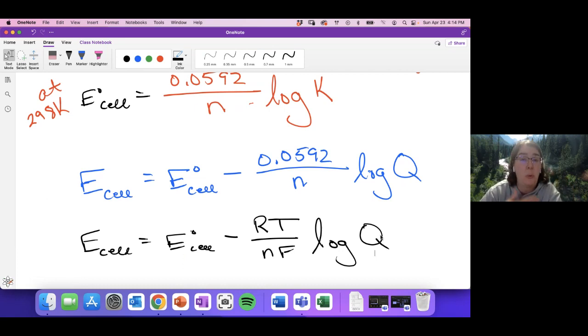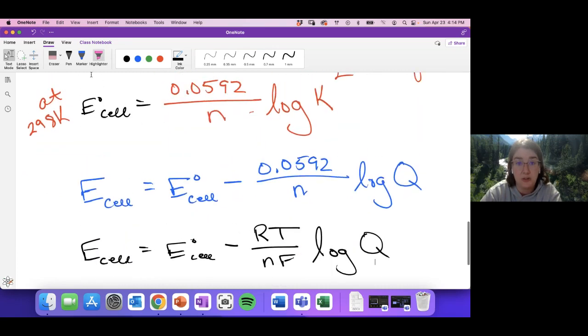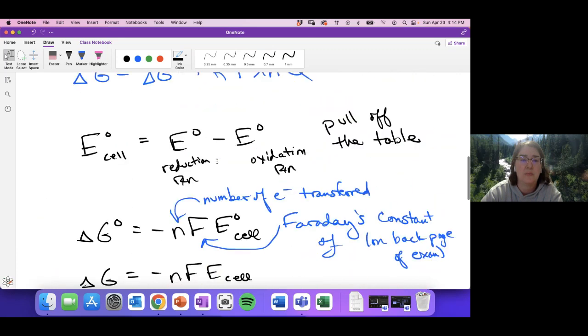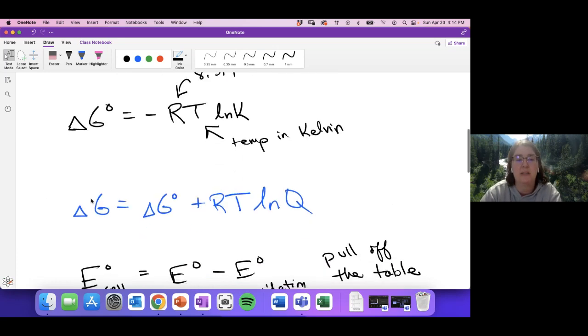So when you start to look at them, you've got something that relates our electrochemistry standard E-cell term to our equilibrium constant, and we have an equation that relates our delta G standard, our standard Gibbs free energy, to equilibrium. We have something that relates when we're not necessarily at standard states. And if we're not at standard state, then we're dealing with Q instead of equilibrium.